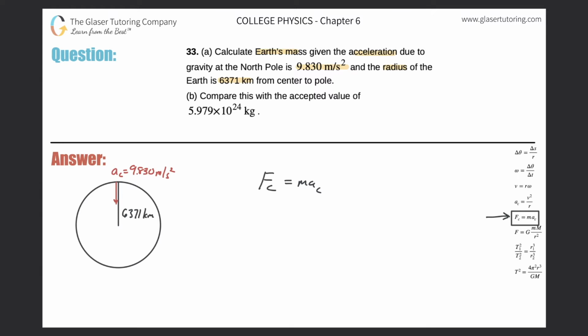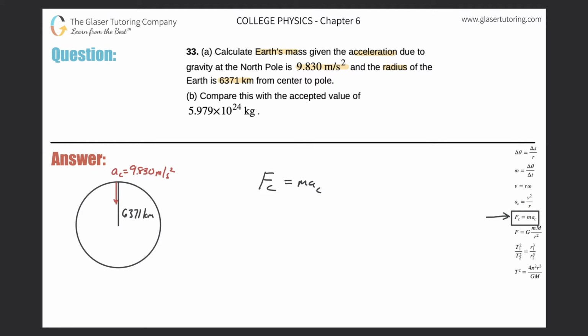But remember, FC is a centripetal force. It's a force that points towards the center, but it's still a force, okay? What does this F stand for? Well, that force is a force of attraction between two bodies, two masses. Now, essentially, force, whether we call it centripetal force or force in the X or force in the Y, they're still forces, okay?